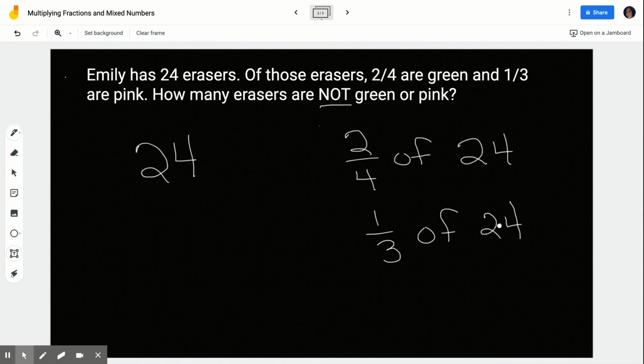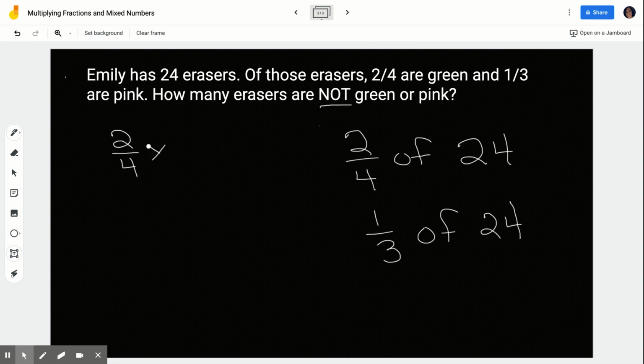When we're trying to determine what a piece of a number is, or what some of a number is, we are going to use multiplication for this. So to set this up, I'm going to replace the word "of" with a multiplication symbol.